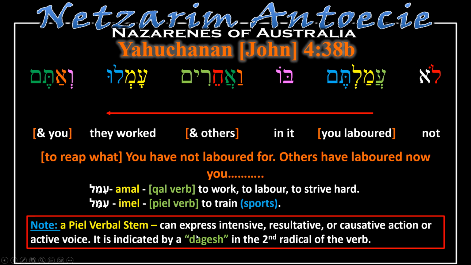It can express intensive, resultative, or causative action, or active voice. It is indicated by the gesh in the second radical of the verb. And we do have an example right here. We see there's the gesh in the mem, and there isn't up there. So that's telling us it's a PL verb. So it's more intense, intensive, we could say.